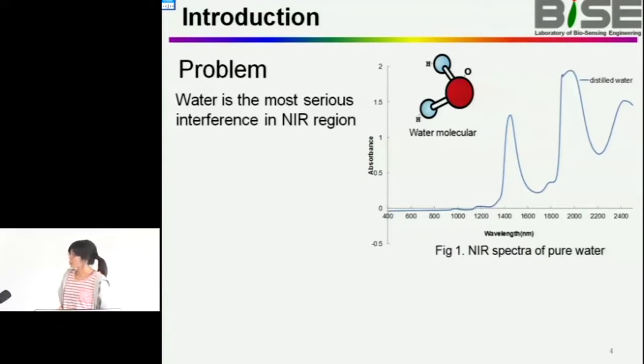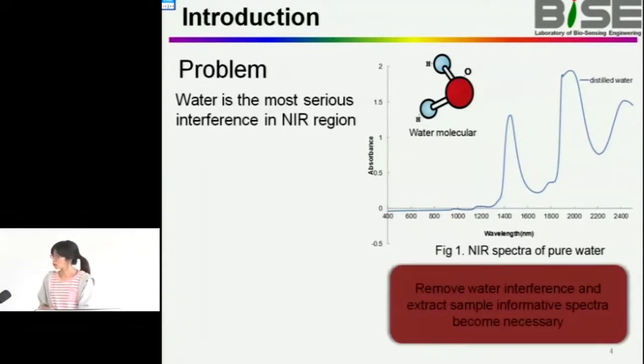And these 2 peaks are caused by OH bond motions in water. Usually, water absorption is much higher than the sample in this experiment, much higher than CGA. So how to remove water interference and extract the sample's informative spectrum becomes important.